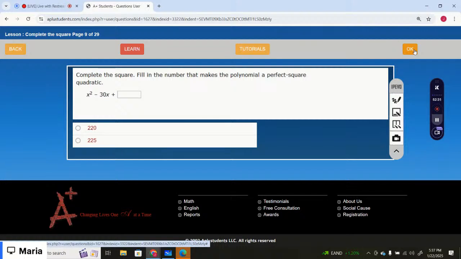Complete the square. Fill in the number that makes the polynomial a perfect square quadratic. X square minus 30x plus the missing number.